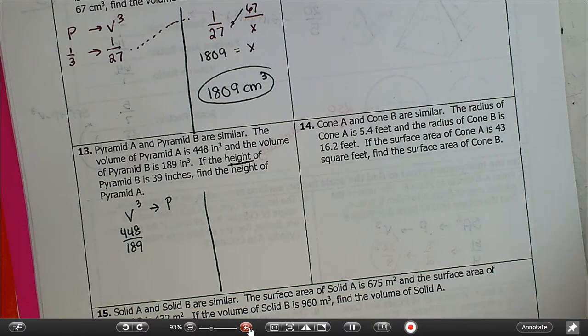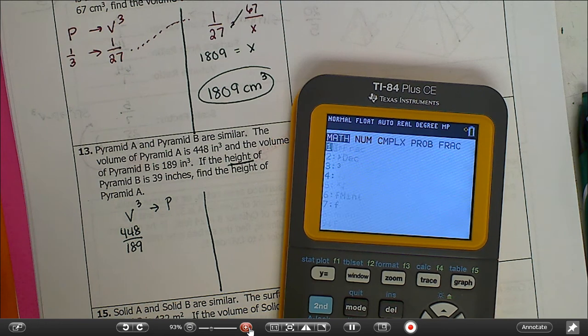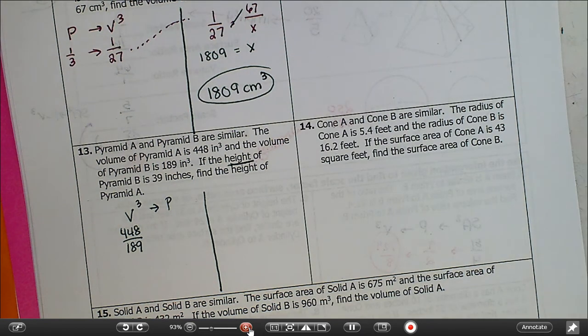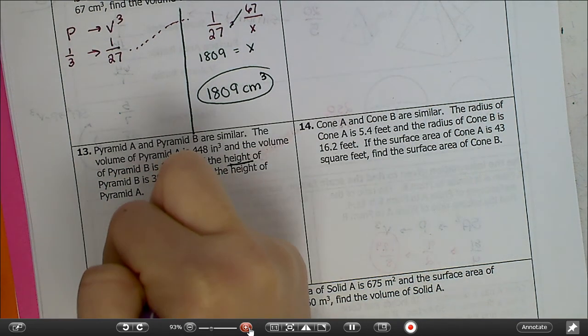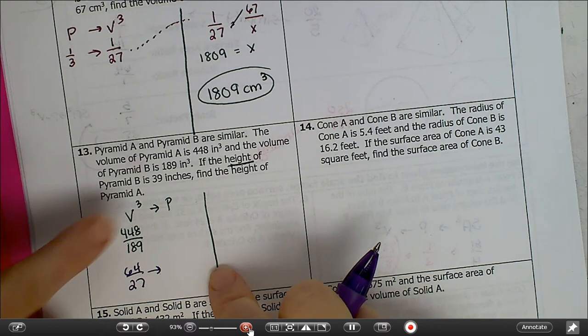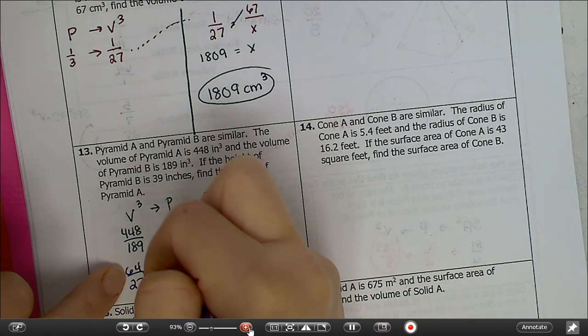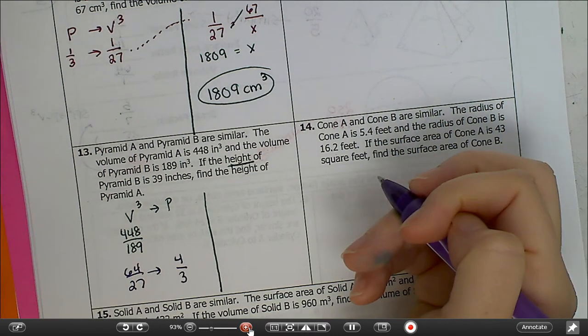Now remember, in order to go backwards, you need to simplify your fraction first. 64 over 27. And we want to go to plane world. In volume world, they were already cubed. So we want the cube root of 64, which is 4, and the cube root of 27, which is 3.